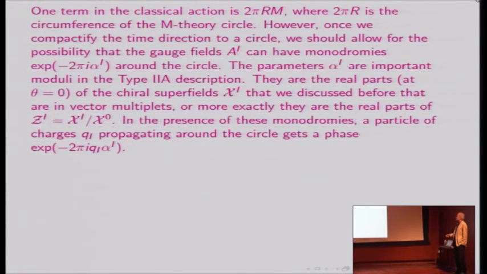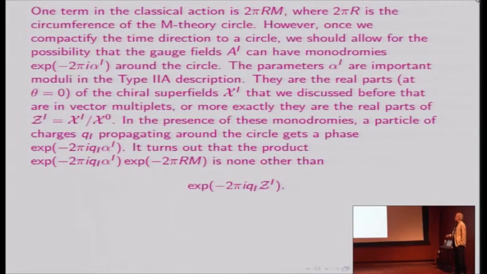In the presence of these monodromies, a particle of charge q_i going around the circle picks up a phase. And we should take that along with the exponential of minus what we got from the mass. And something happens, which is a part of the Gopakumar-Vafa story, which is that this product is just the exponential of minus 2 pi i times the charge times z, where z is the ratio of two of those chiral superfields.